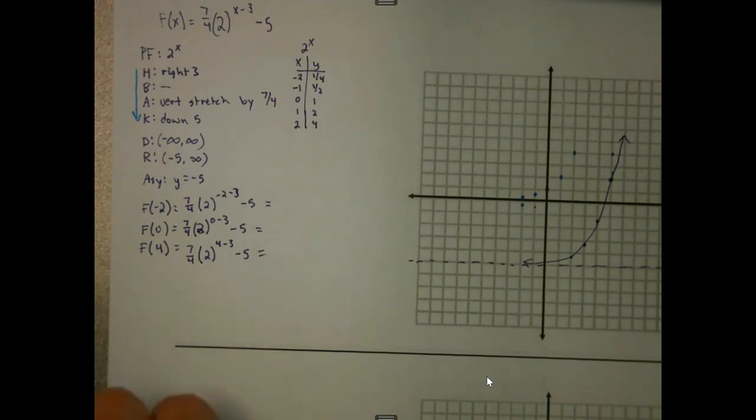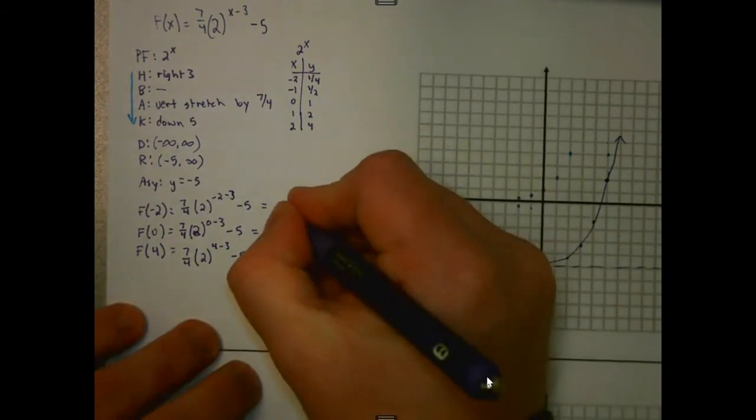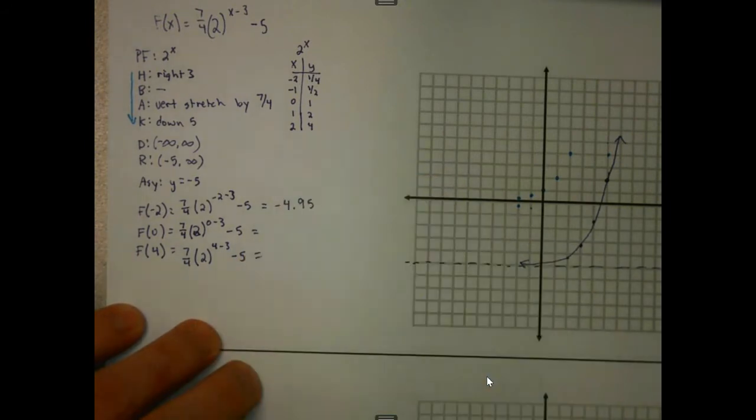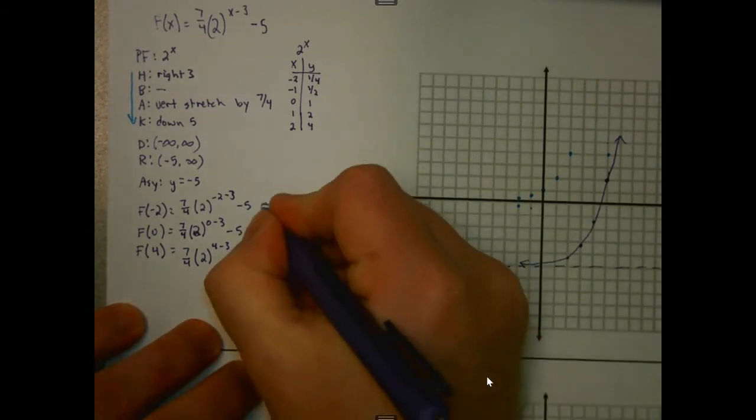And we'll have 7 fourths, 2 to the negative 2 minus 3 minus 5. So this is negative 4.95 about, because I rounded that.